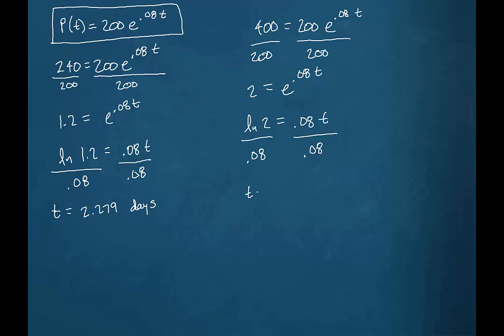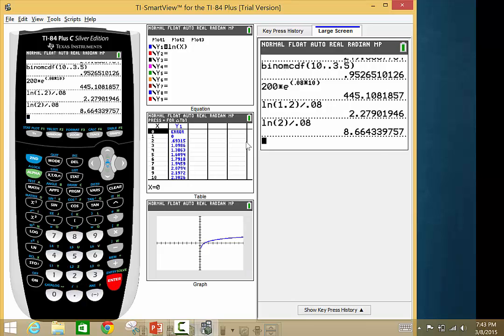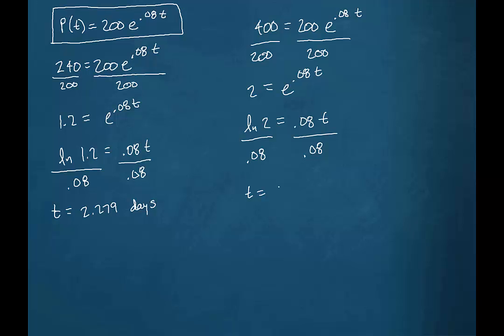And we're going to find that t is equal to the natural log of 2, close the parenthesis, divided by 0.08. And that value will be 8.664 days.